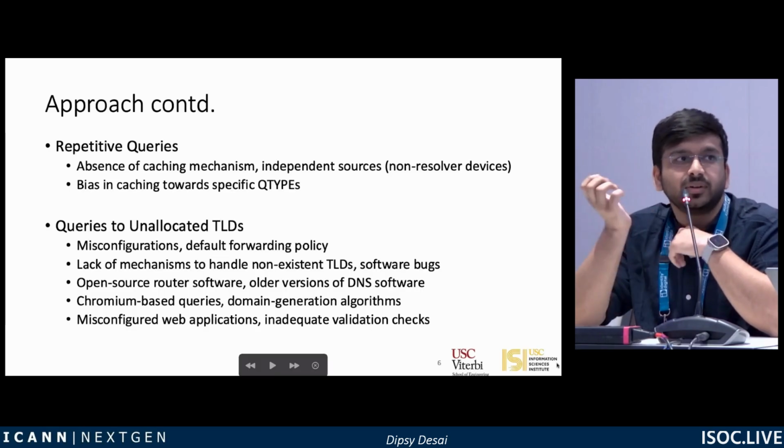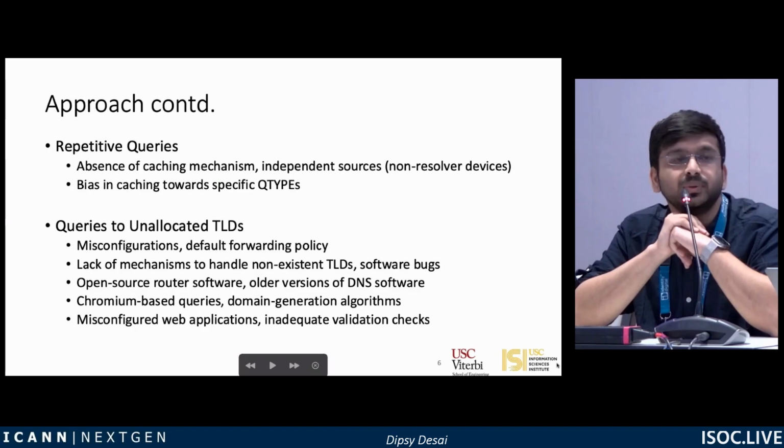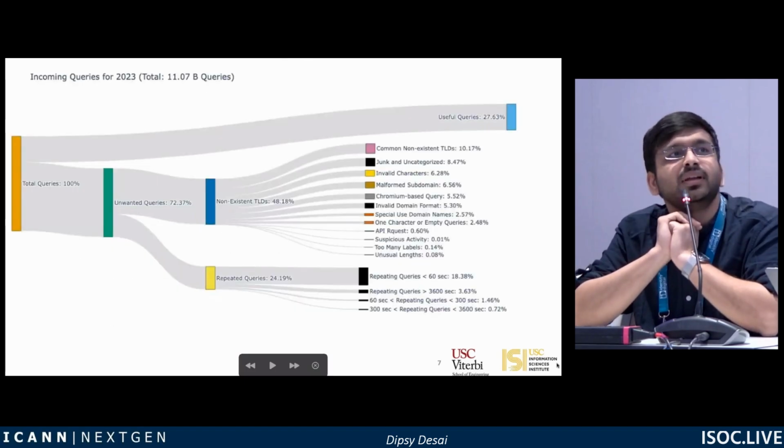Since we are here at the conference, I think every time we do that, Chromium-based browsers send out these queries to the global DNS. This is a broad categorization that we propose. The top part, which is about 27%, is the only set that accounts for productive or useful queries at the root server that we expect to see.